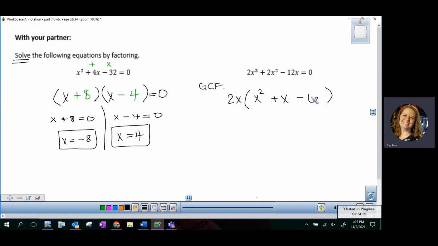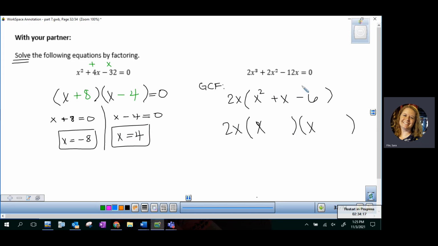Now that is a quadratic form trinomial. Remember, the power on that variable is double this one, and then you've got a constant. So that is going to be able to be factored into two binomials. Don't forget the 2x is still out here.